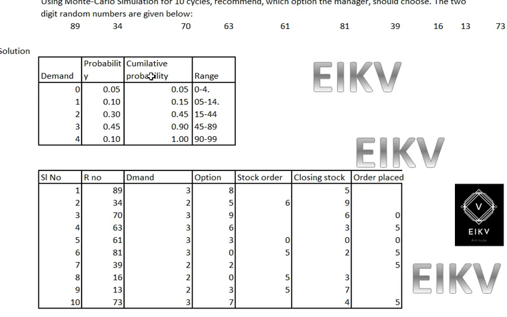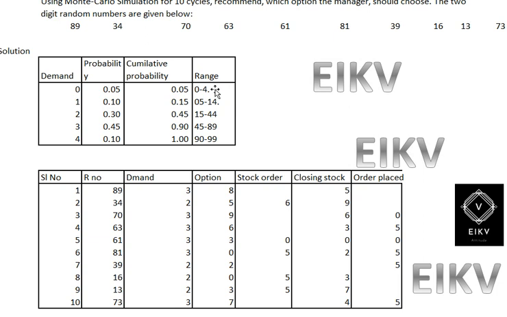First the probability is 0.05, 0.05 plus 0.10 gives 0.15, 0.15 plus 0.30 gives 0.45, 0.45 plus 0.45 gives 0.9, and 0.9 plus 0.1 gives the cumulative probability of 1.00.